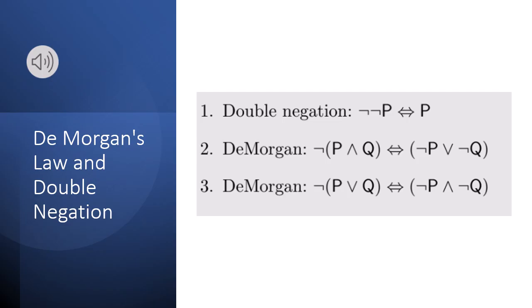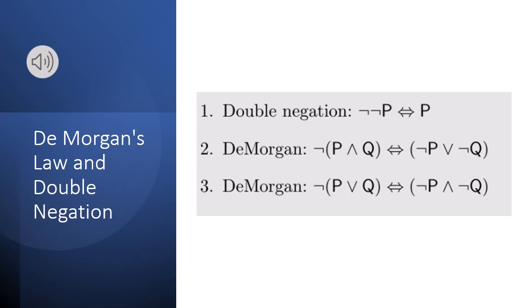And likewise, for number 3 there, if the negation of P or Q happens to be true, the only way that could be is if both of the disjuncts were false. In other words, negation P and negation Q. And so these are just obvious consequences directly from those truth tables and the meanings of those symbols.